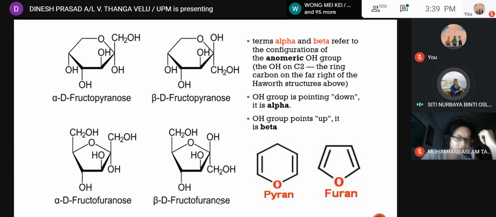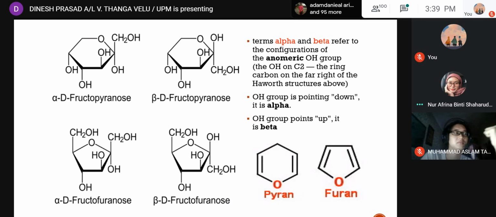And then where is the functional group? How can we detect the presence of fructose in the lab? What kind of test can be used, and what kind of group in the structure is detected by that test? The functional group is the hydroxyl group and the carbonyl group. Where?